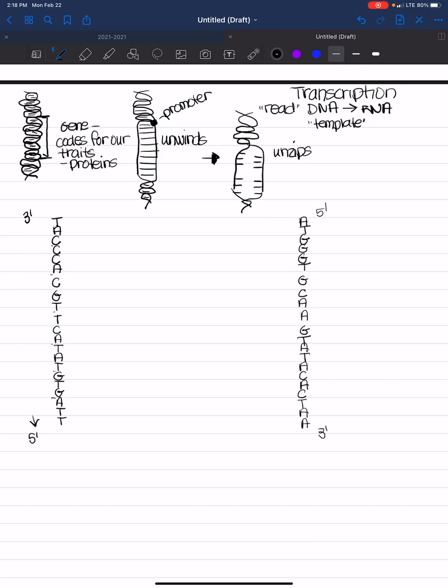And so over here at the bottom, I have unzipped my gene with some DNA nucleotides. And here's where the 3' and 5' carbon are going to come into play again. Only the 3' strand is read. So only the 3' strand is read to make RNA.